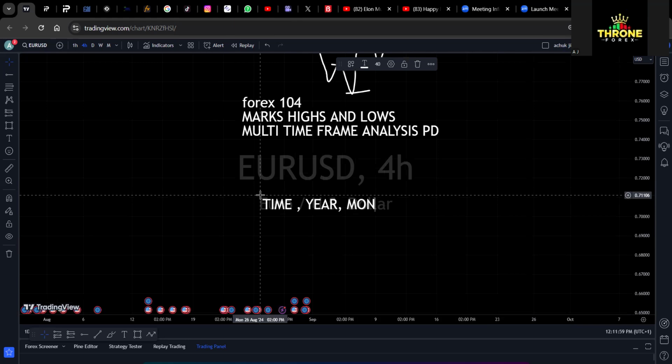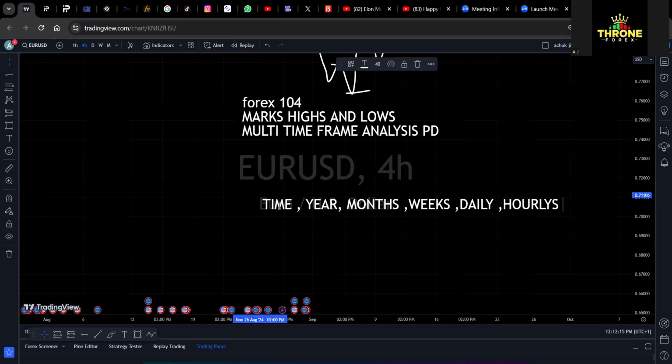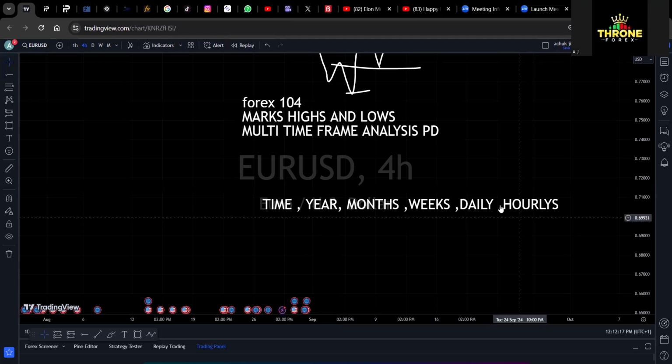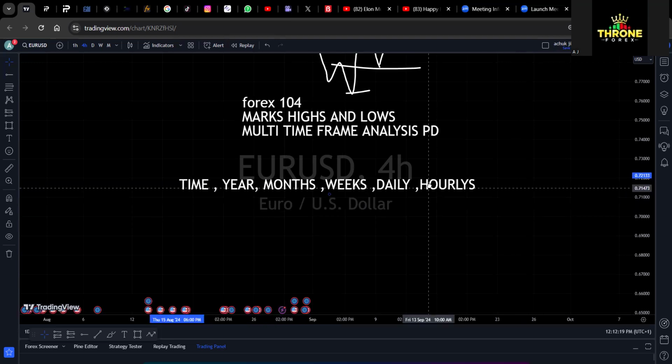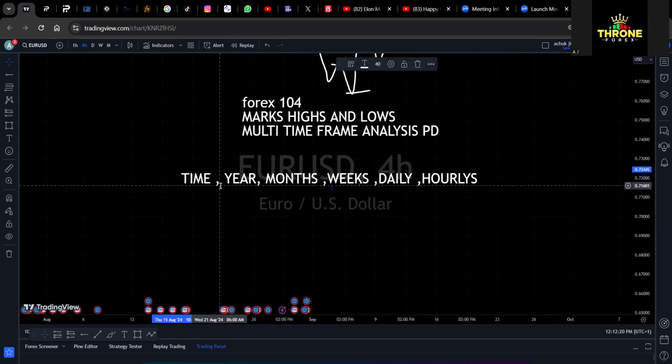We go on to the monthlies, month, weeks, and then daily, and then we can now go into the hourlies. So in trading, it's also important to understand this concept here. So you have to always start by what is the high and what is the low in terms of time.